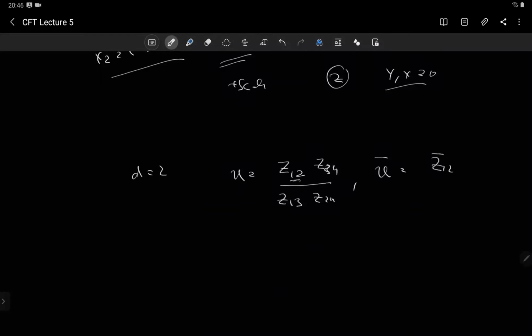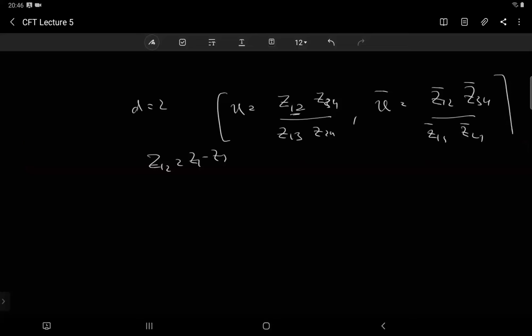Z12 means Z1 minus Z2. These are invariants under 2-dimensional conformal transformations. Under any local conformal transformation also, these things are invariants.